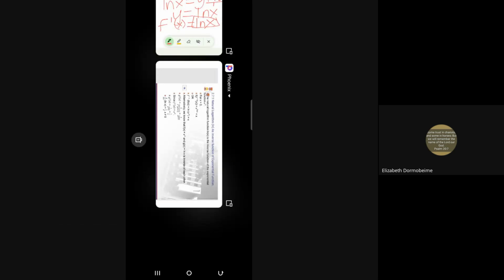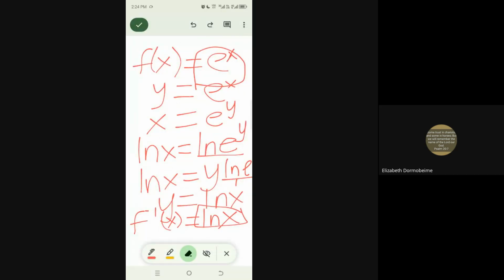Now let's look at something. The same thing that we did for the sine, we are going to do for natural log. When you have f, the function, and its inverse, we stated that it should give you x. Let me go back to the board so it becomes easier.